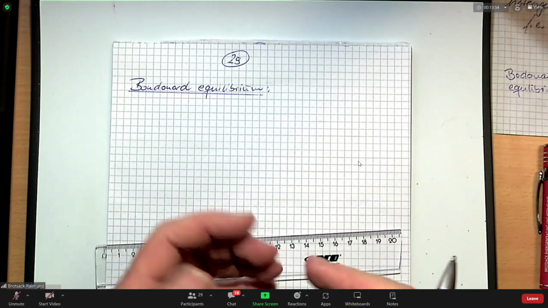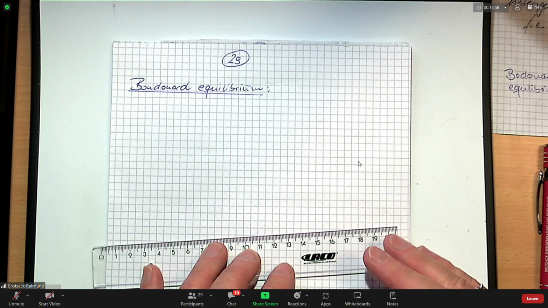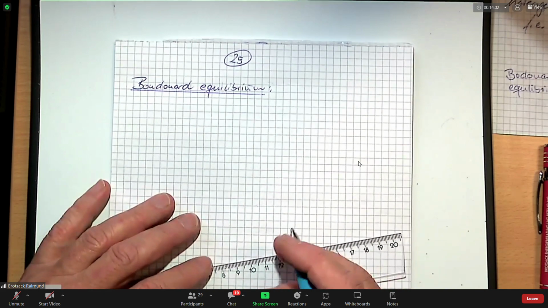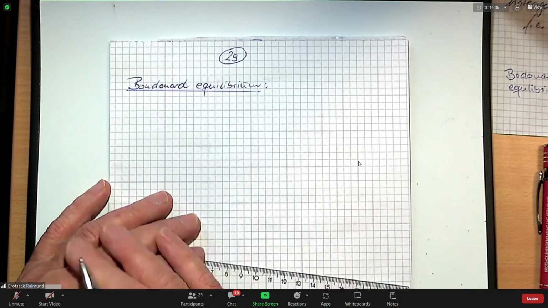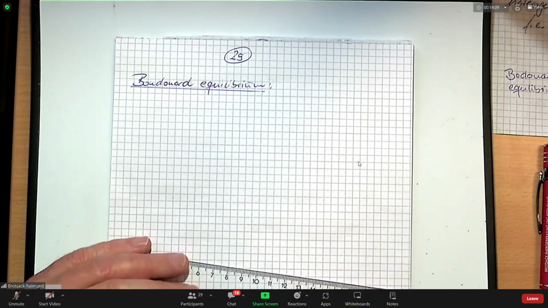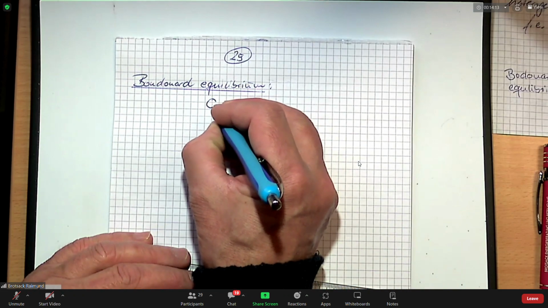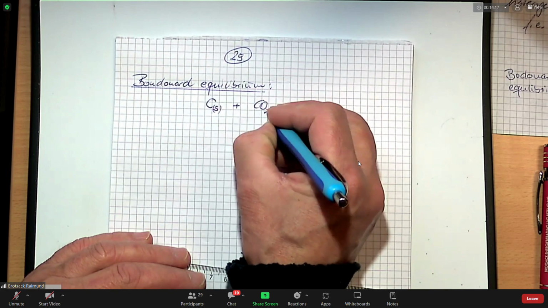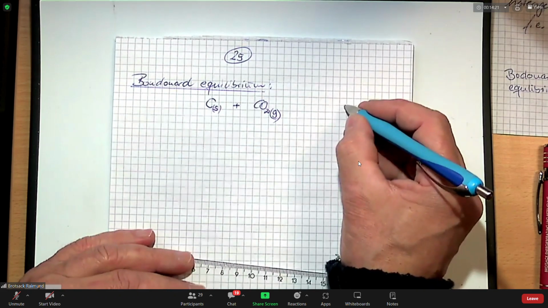In addition to that, it's very hot in this process, more than 1000 degrees Celsius. We have carbon, and we have carbon dioxide from the oxidation of the carbon, but at a very high temperature. So we have partially solid carbon, and we have CO2, which is a gas. And this is the so-called Boudouard equilibrium.